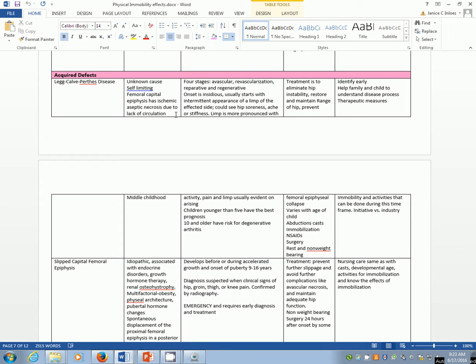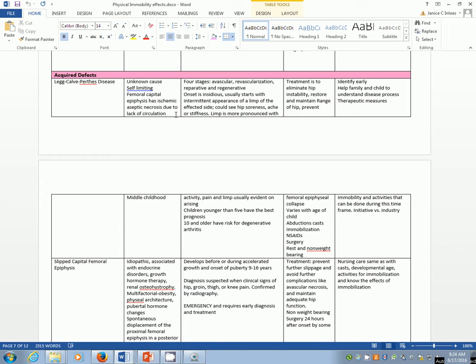It usually happens during middle childhood when we're seeing rapid growth. For some reason, and they don't know why, the blood supply to the femoral head, the epiphysis, is compromised, and the necrosis starts. That's the first stage, avascular.